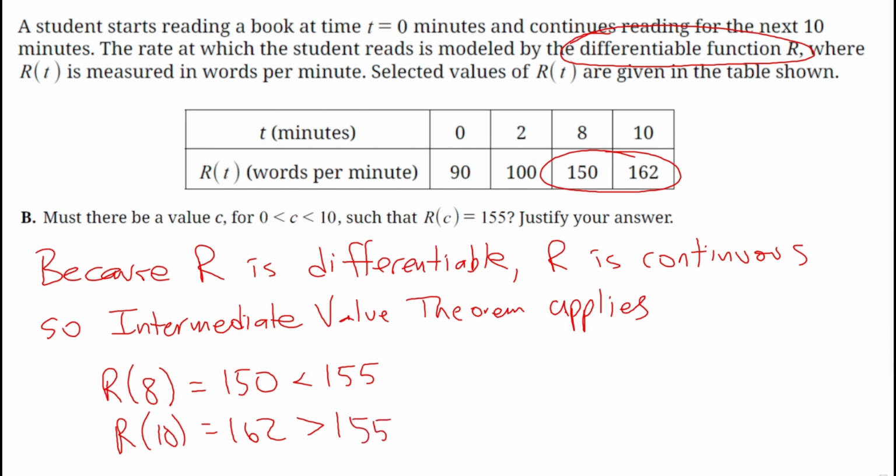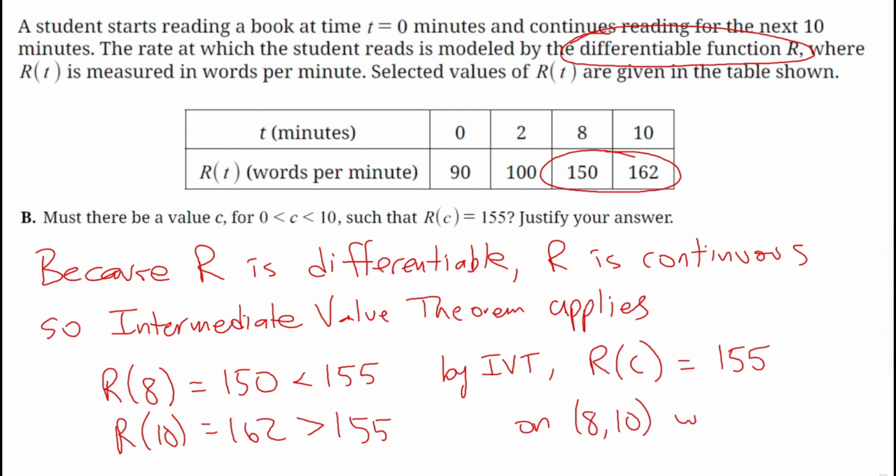And so you can say, by the intermediate value theorem, R of C must have equaled 155 on the interval 8 to 10, which is a subset of the interval 0 to 10, which is what it was asking you about.